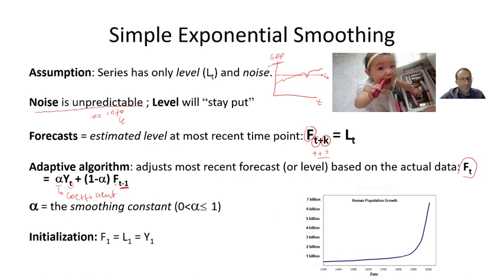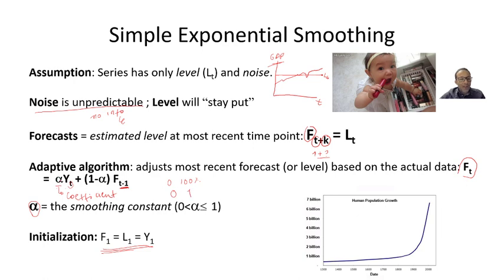We have to initiate this model with the forecast equal to the level equal to y_1, otherwise we will not have a number to start the model with. Also, the alpha coefficient is going to be between 0 and 1, so between 0 and 100%.